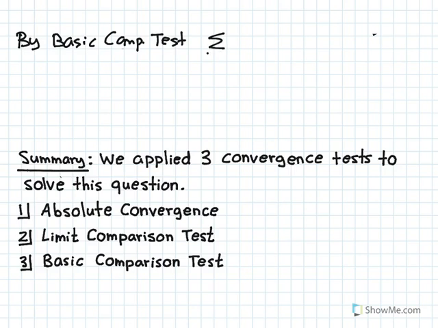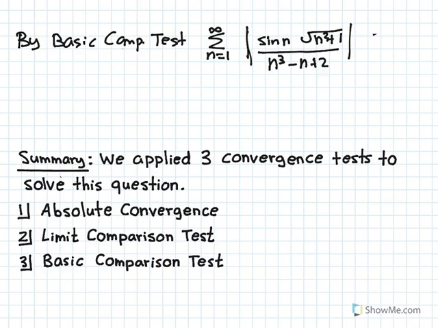the summation n equals 1 to infinity of the absolute value of sine n times root of n squared plus 1 divided by n cubed minus n plus 2 also converges.